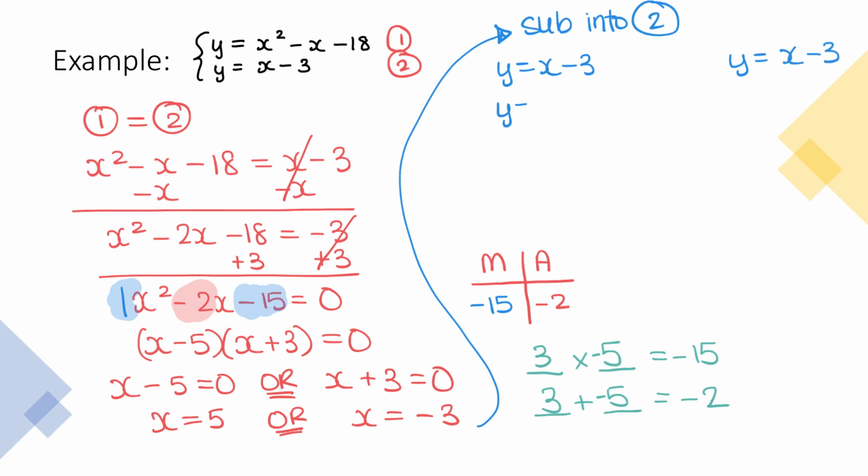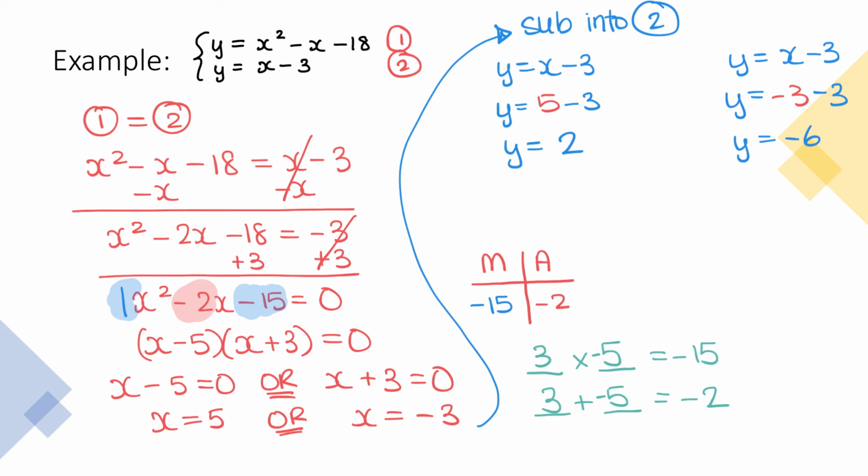So y is equal to, instead of x, for this one we have 5 minus 3, and then for the other one it's going to be y is equal to, instead of x, we're going to have negative 3 subtract 3, and solve for y. So y is equal to, this one is 5 minus 3 is 2, and this one here is negative 3 subtract 3 is going to be negative 6.